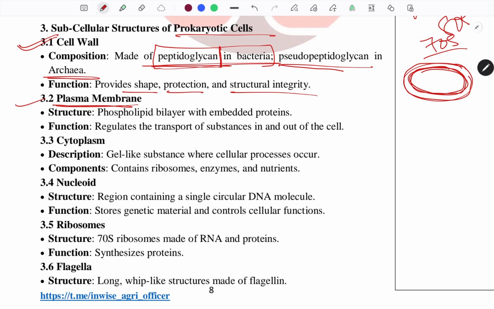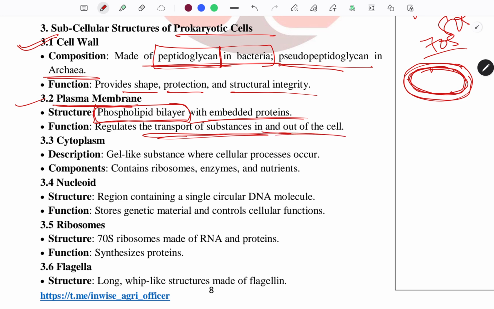What is it made up of? It is made up of a phospholipid layer embedded with proteins. What is the function of this particular layer? This regulates the transport of substances in and out of the cell.